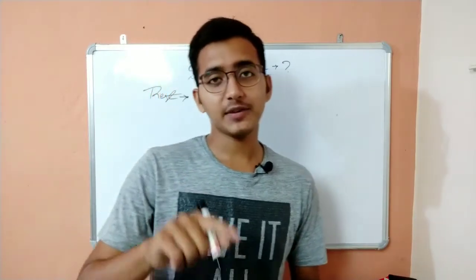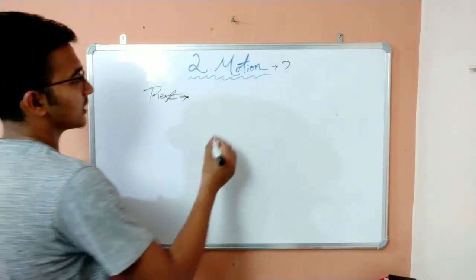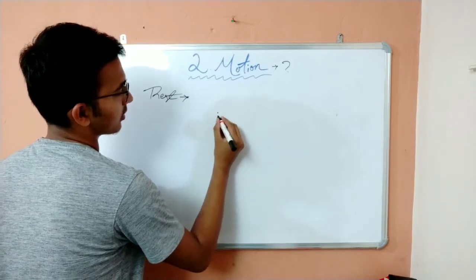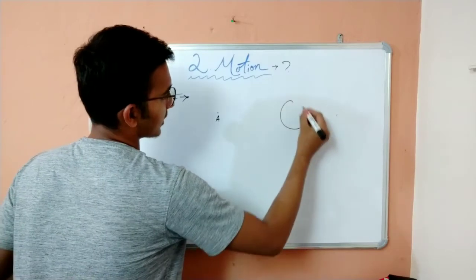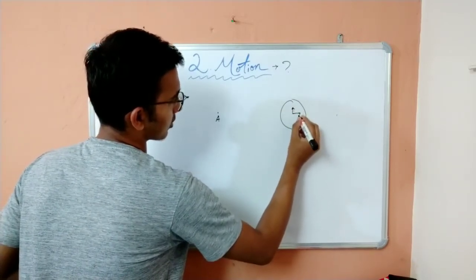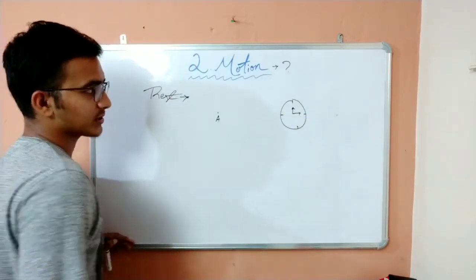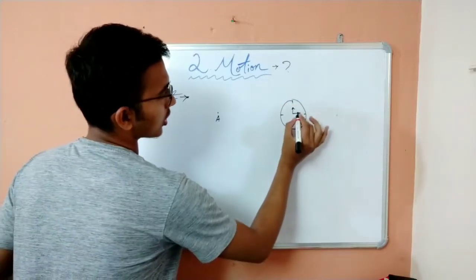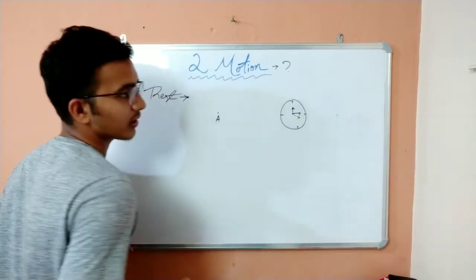But if I define in physical terms what is rest, then I would say rest is when, suppose there is a body. This is a body, an object A. Now suppose I place a clock over here. Time always keeps moving. So the clock's minute hand, suppose it comes from there to here.